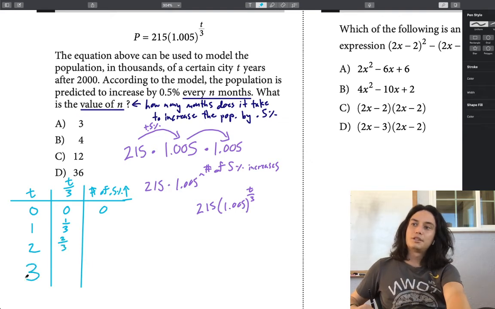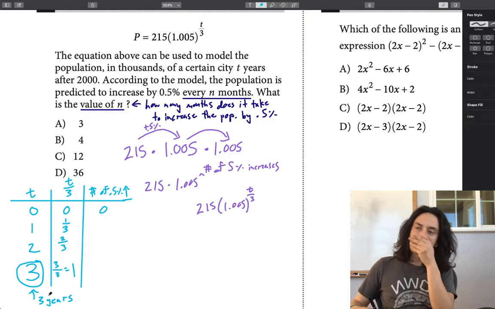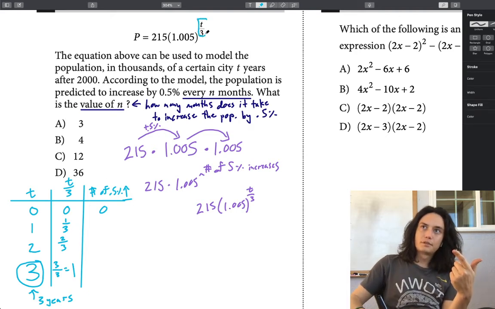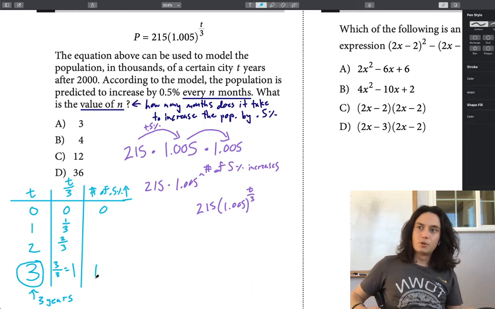It's only after 3 years, when t over 3 is 3 over 3, or 1, that this number up here actually gets to 1, and we get one full 0.5% increase.